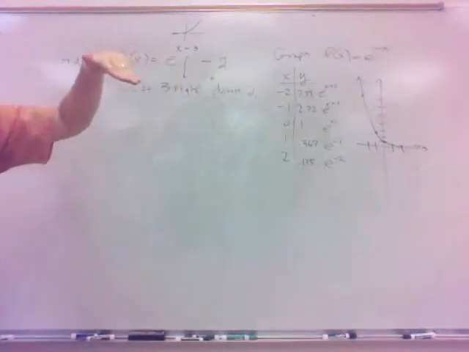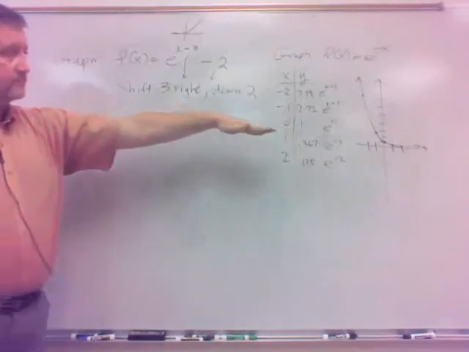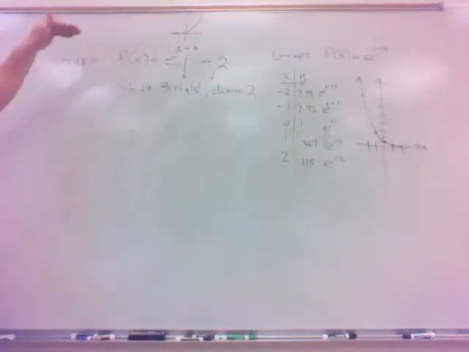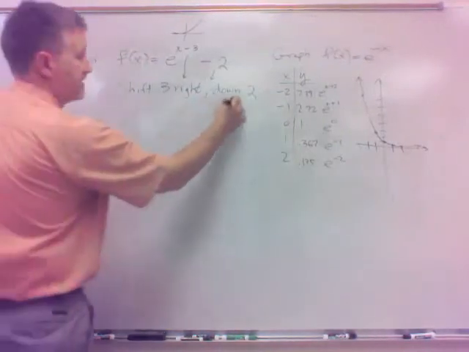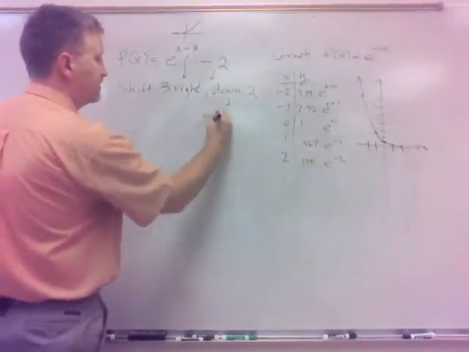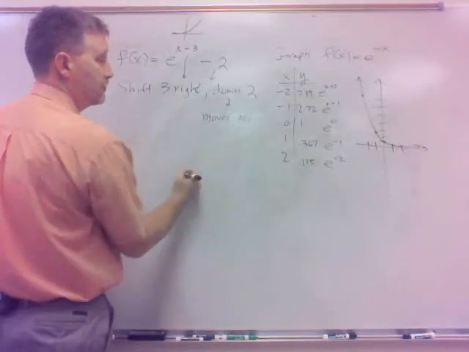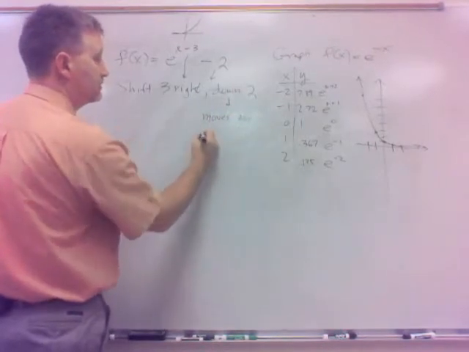Well, if I move it down 2, what is that going to affect over here on the graph? Isn't that going to take the asymptote down 2? Yeah, so this moves all the other points, but in particular it moves the asymptote down to b.